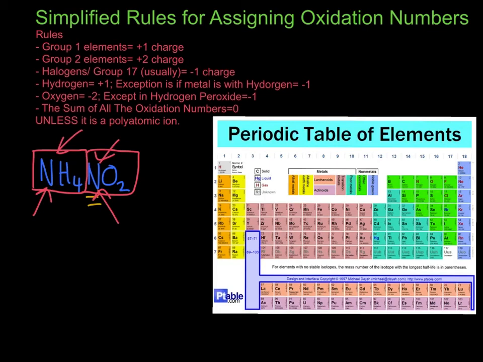In this case, NH4 and NO2, that's not just an element. These are 2 groups that would each make a polyatomic ion by itself.